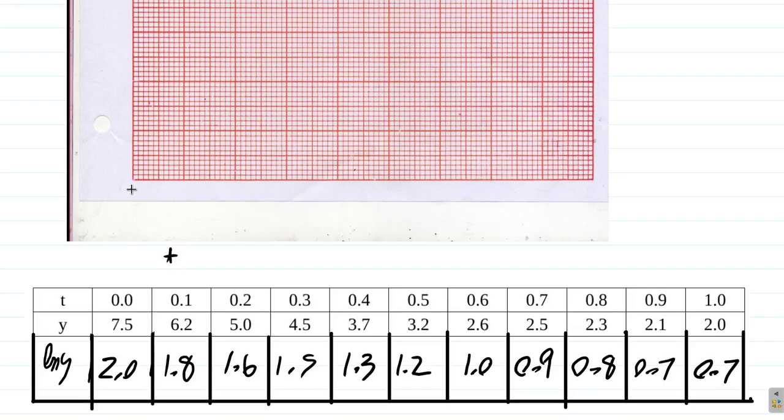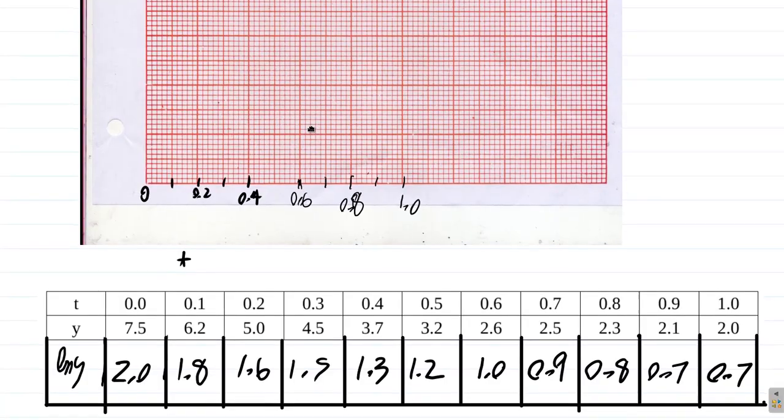So t has 0, 0.1, 0.2, 0.3, 0.4, 0.5, 0.6, 0.7, 0.8, 0.9, and we have to skip some of the numbers, up to 1.0, okay.